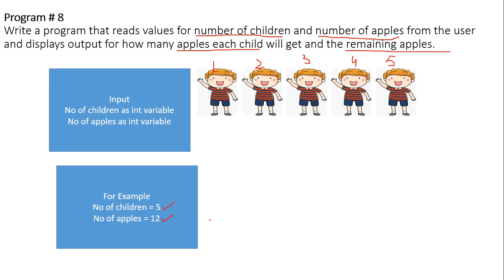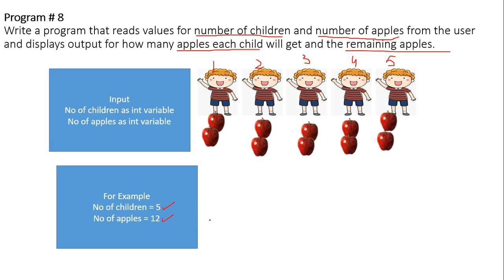Now 12 apples are divided among these 5 children. The first apple, second, third, fourth, fifth, sixth, seventh, eighth, ninth, 10th. It means that these 5 children have got 10 apples.